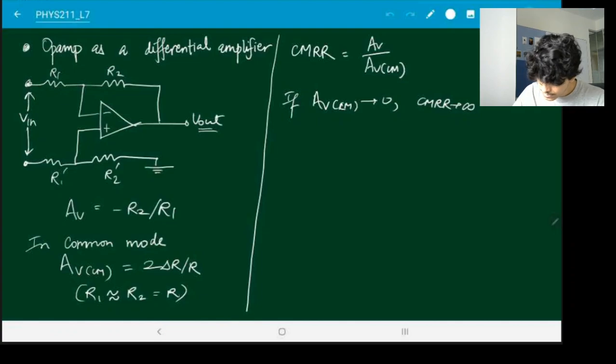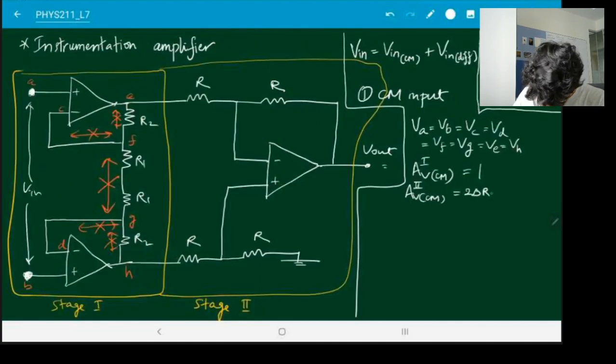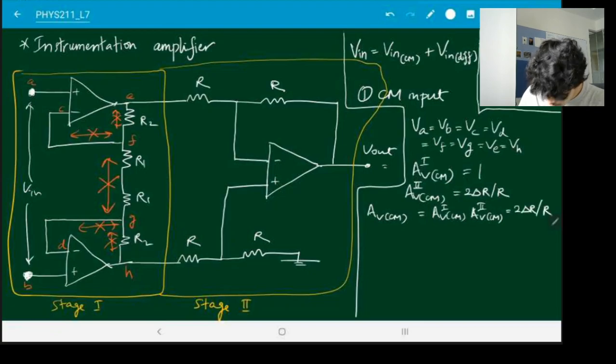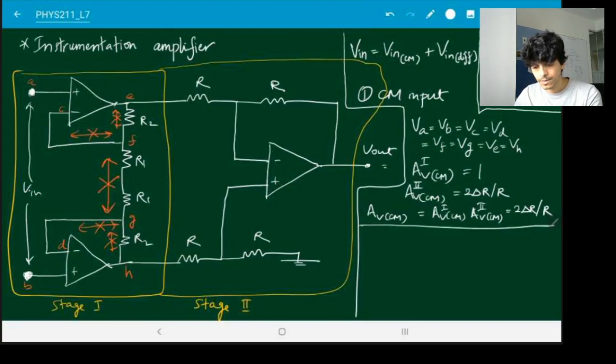It is twice delta R over R. So the total common mode gain for both the stages combined is just the product of these two, which is twice delta R over R. So this was it for the common mode input.